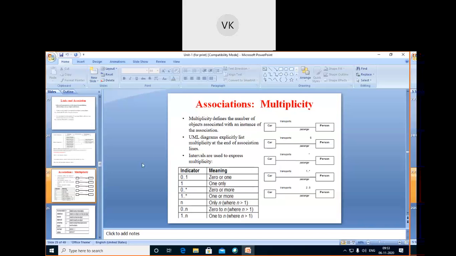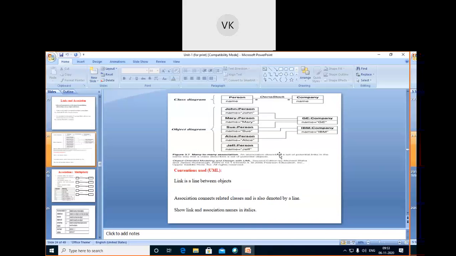We'll see how. In this example, from the last example, you see John, Mary, and Shu. All these three objects have some of the shares in the GE company. Yes or no?